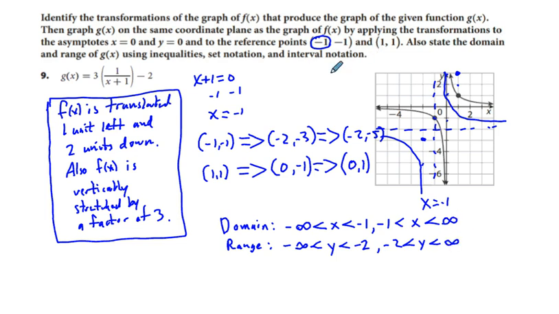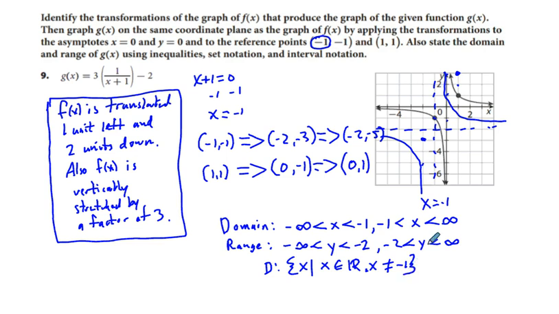So that would be in our interval notation. In set notation, I'll just put D, is going to be x such that x is an element of all real numbers, and x cannot equal negative 1.